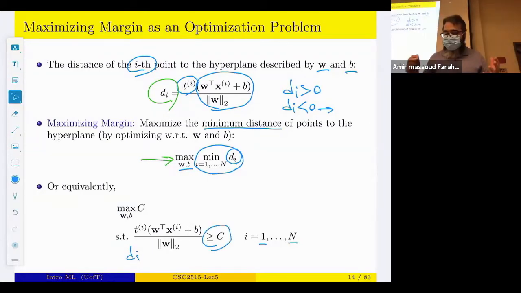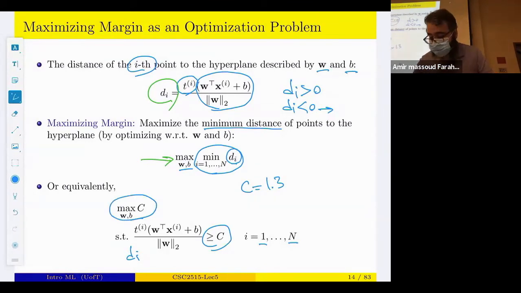That's a distance. If we find a c, say 1.3, that satisfies all the constraints, it means that all distances are 1.3 or larger. Now we are trying to find a c that is as large as possible, and we do this by maximizing over c.